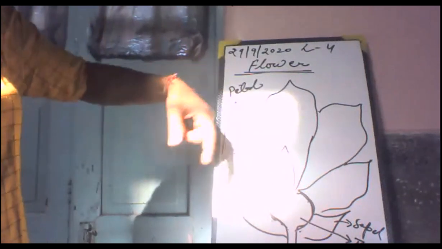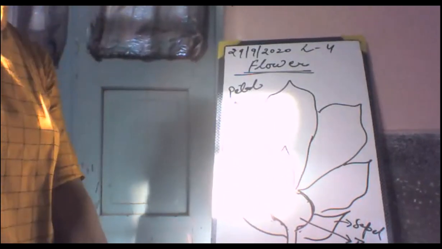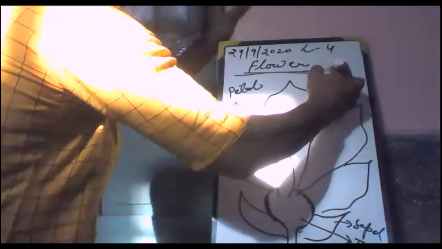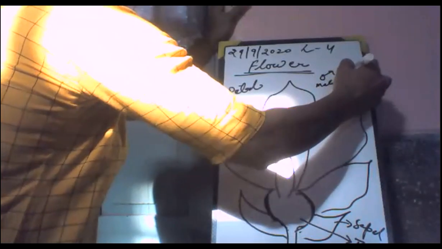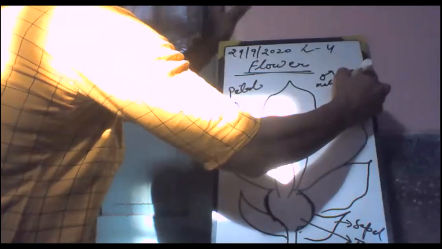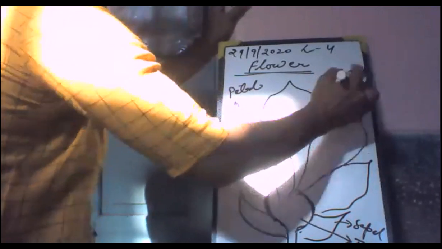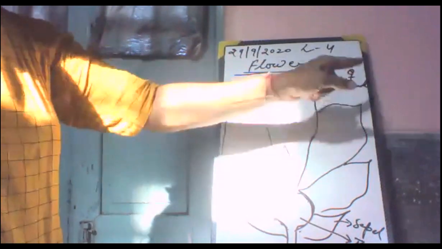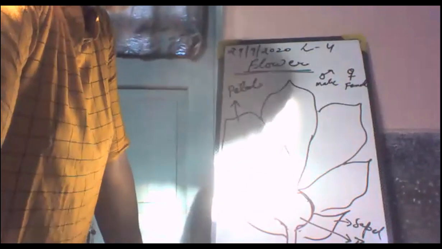And the third layer of flower is known as androecium. In this part, the male part is seen here, and this is the symbol of male, and this is the symbol of female part in a flower.